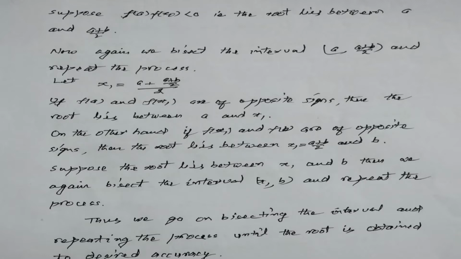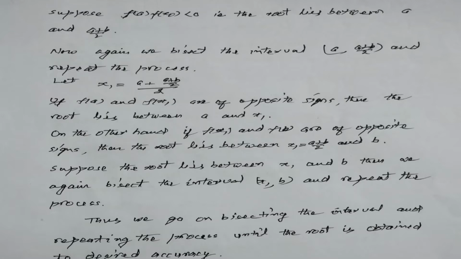If f(a) and f(x1) are of opposite signs, then the root lies between a and x1. On the other hand, if f(x1) and f(b) are of opposite signs, then the root lies between x1 and b.